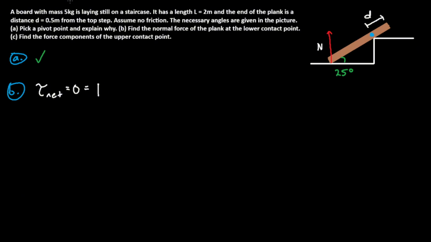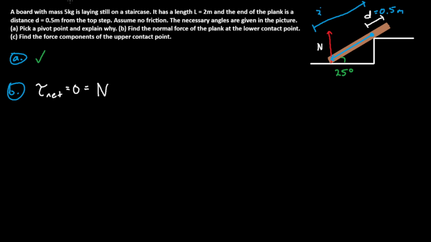But the distance vector is going to be pointing like this. How long is the distance vector? Since it starts off at this corner, we know that d is equal to 0.5 meters, and the entire length is equal to 2 meters.